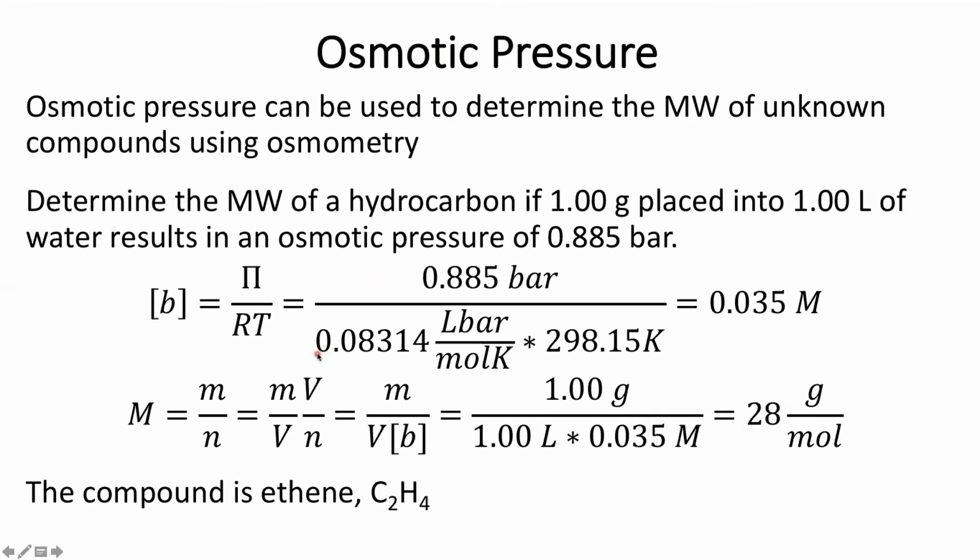And again, the two most common techniques, because they tend to be the most sensitive and the easiest to measure, are going to be osmometry and freezing point depression, which has a very similar technique, except you go after mole fraction or molality instead of molarity. But the general concept is the same.